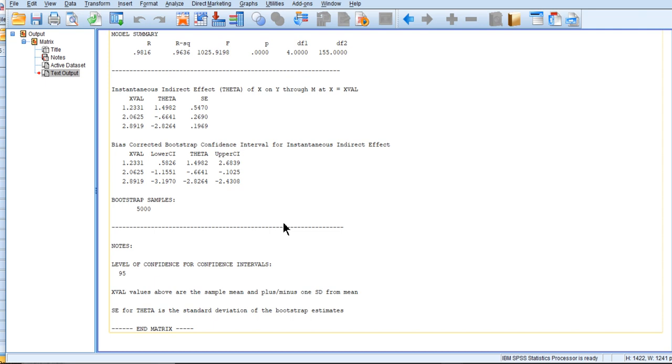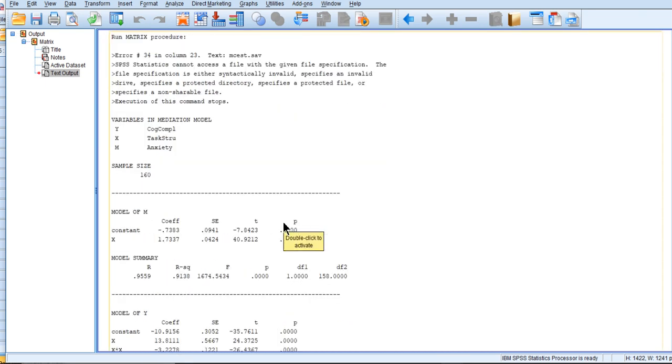So this was the nonlinear mediation. Of course, not for all people this mediation is true, because some people love the unstructured task and they don't get anxious, and their cognitive complexity will be high.